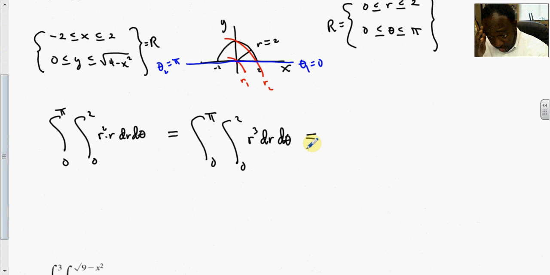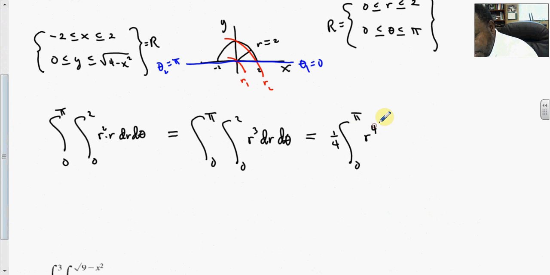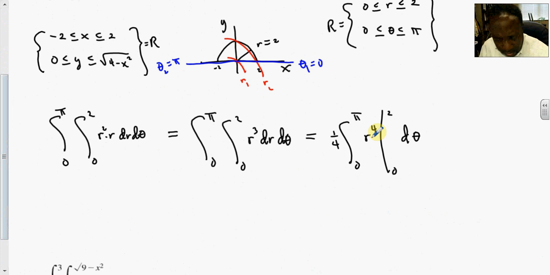Integrate with respect to the r. That gives us 1/4 times the integral from 0 to pi. And this is r to the 4th, and the r is evaluated from 0 to 2. Then out here, all we have is d theta. So that's r to the 4th, or 2 to the 4th. So we have 2 to the 4th divided by 4 times the integral from 0 to pi d theta.